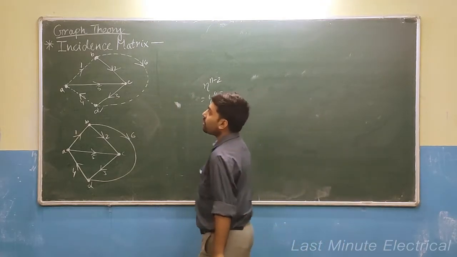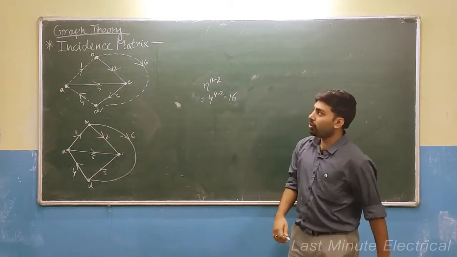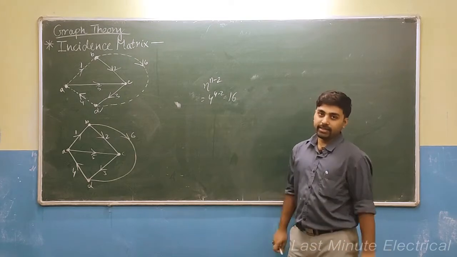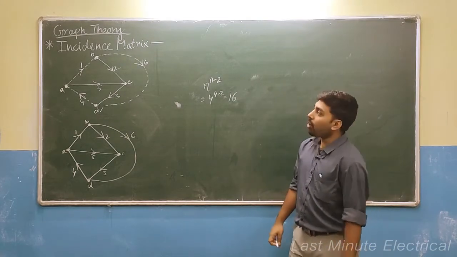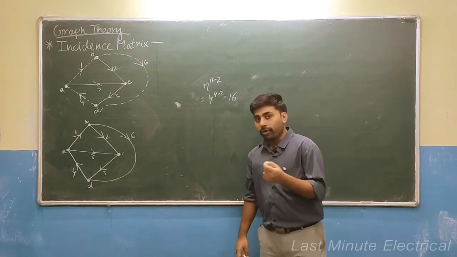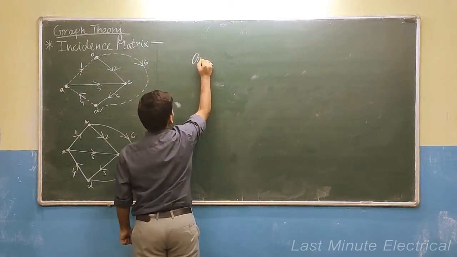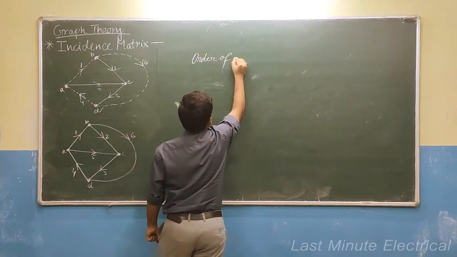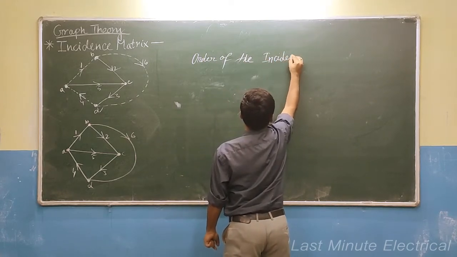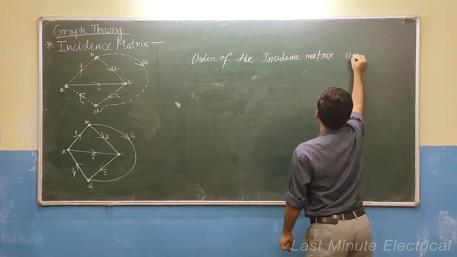Before we go to the incidence matrix, you should know that the order of the incidence matrix is n cross b, where n is the number of nodes and b is the number of branches.